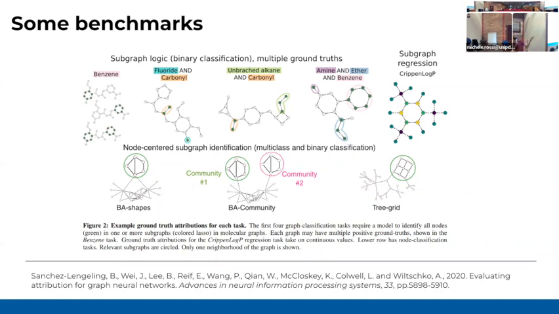So on the bottom, you have artificial data sets. For example, BA shapes and BA community and tree grid are data sets where you classify this graph depending on whether it's a tree or a grid, or whether it has a grid.